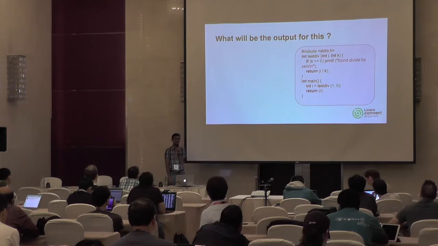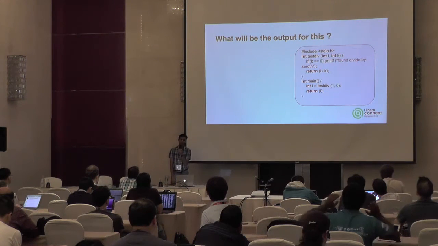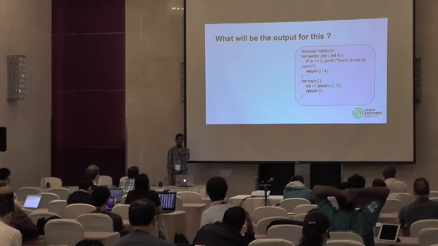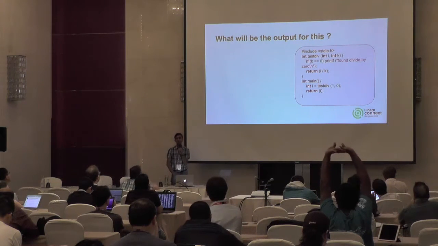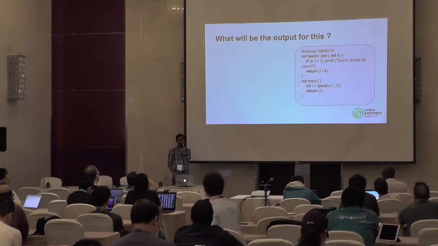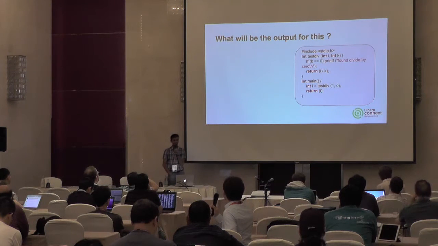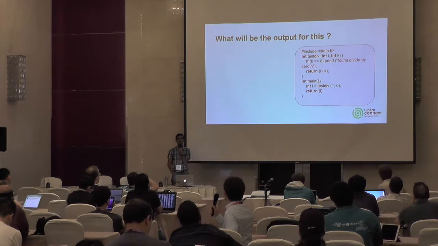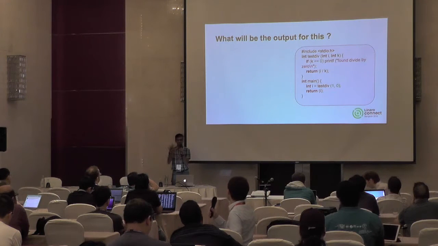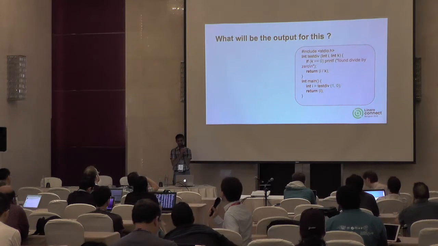So this is another example. Here, the test function is trying to divide i by k, but before it does that, it's checking whether k is 0, and if k is 0, it's trying to be nice by printing that it found a divide by 0.